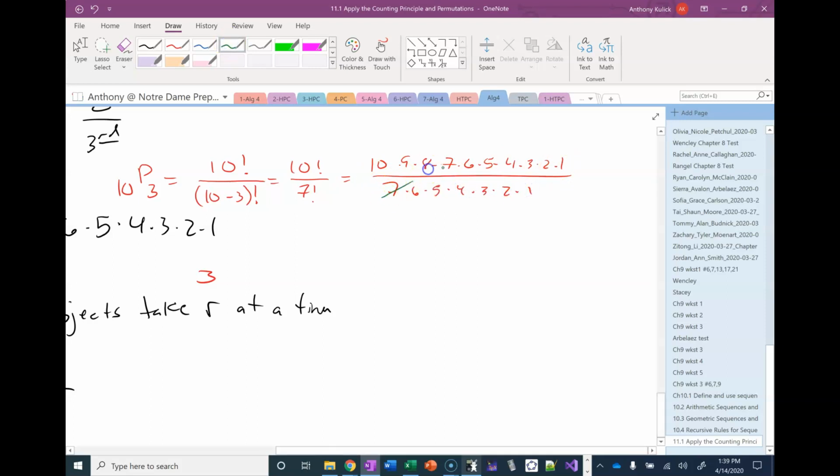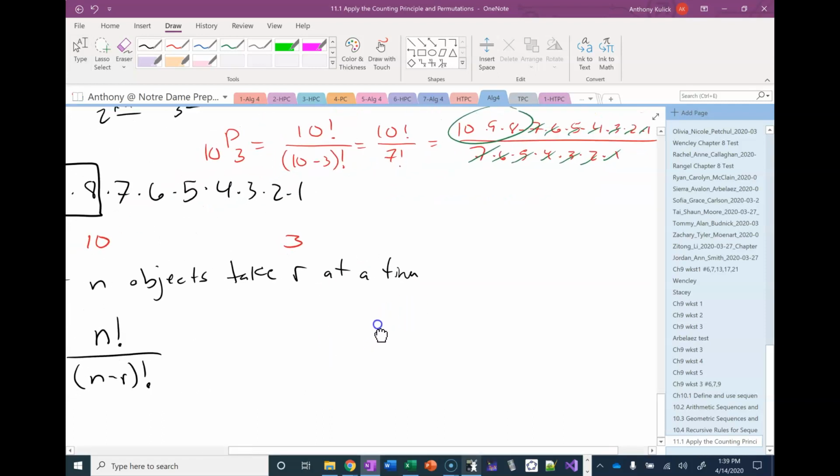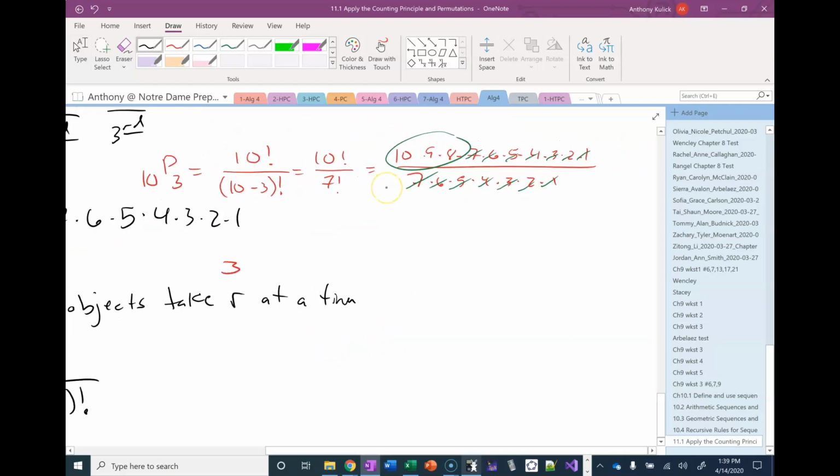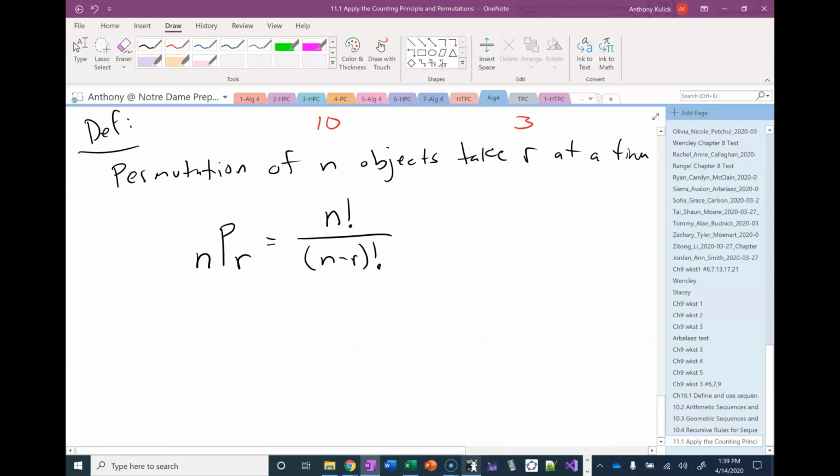And if you notice, everything canceled out but the 10 times 9 times 8. So you're like, why am I doing this hard of a calculation? Well, it's because the calculator also has this programmed in, and we could just type this into our calculator, but I wanted to show you what that formula is really saying.